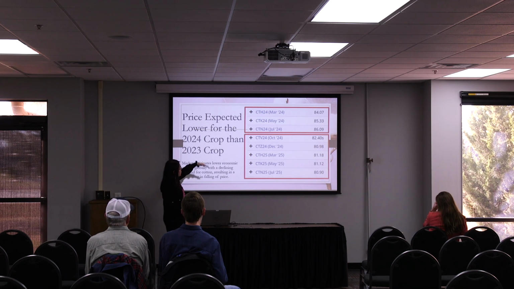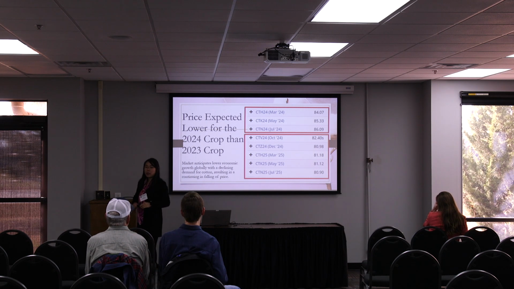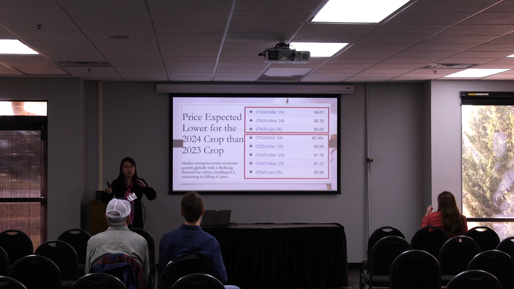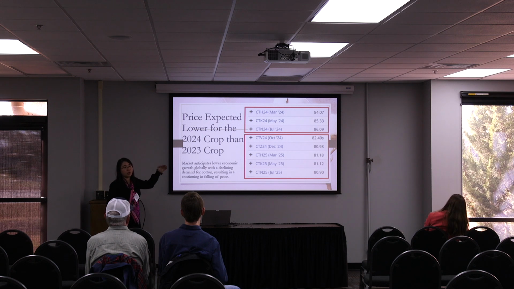What we can see from here is the market is telling us prices are trending downward. Historically, pre-pandemic, there was a reverse relationship. The more current old crop traded at a lower level, and new crop traded at a relatively higher level. Why did that happen?